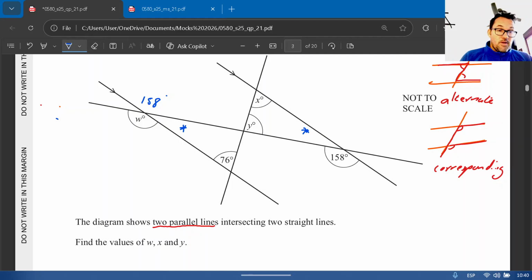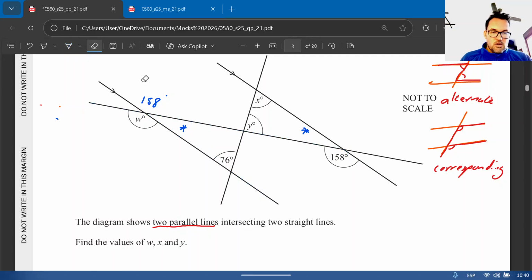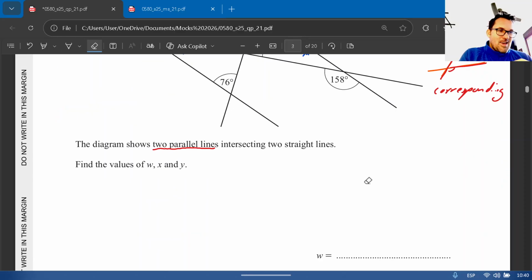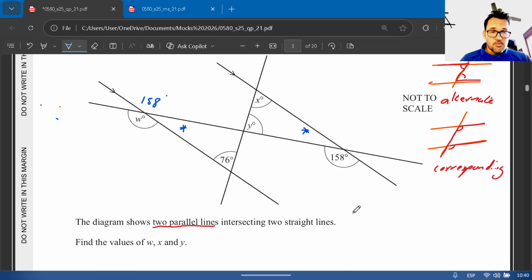Or even better, if you could see this as corresponding, we have a big F here facing down, and there you go, straight away, 158. Looking for those alternate and corresponding angles is the first thing you do when you see parallel lines.